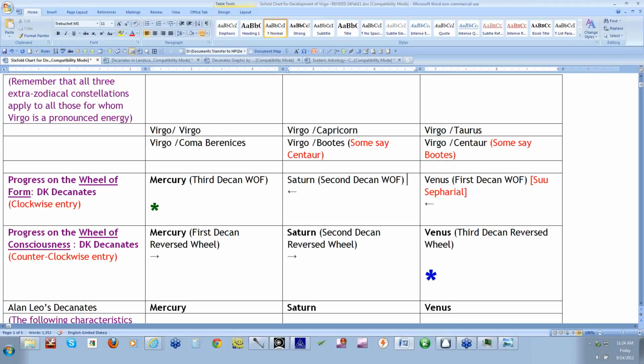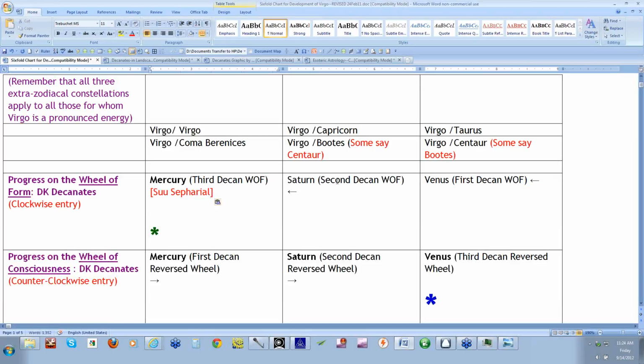But in all truth, we shouldn't do it that way, because what Sepharial is actually doing is from 0 to 10, he's placing the Sun, and from 10 to 20, he is placing Venus. So it's difficult to know sometimes whether you're coming or going.